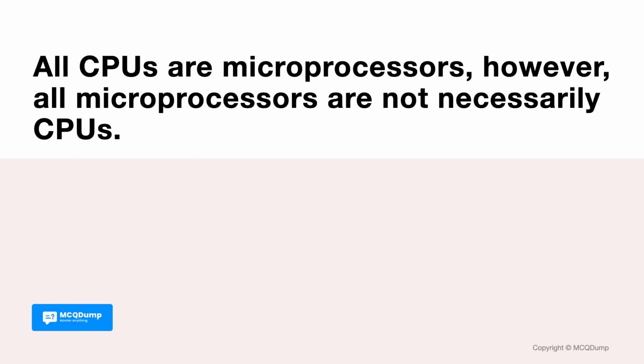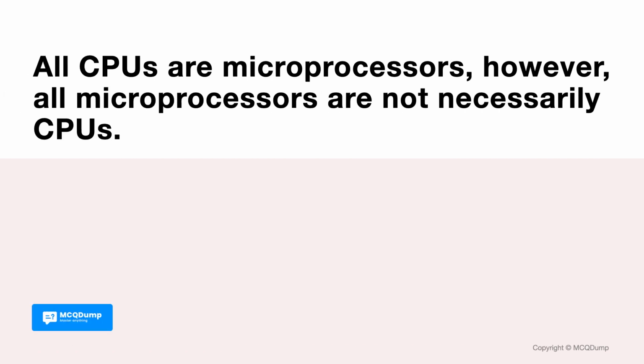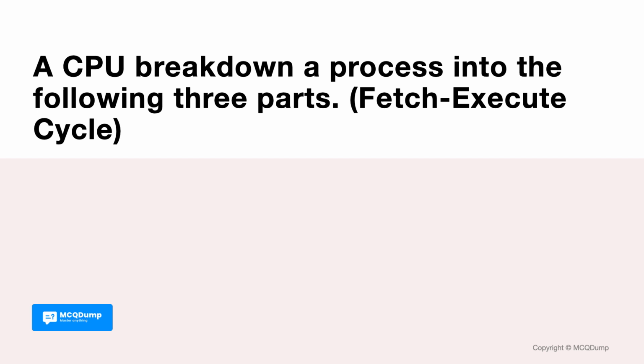All CPUs are microprocessors, however, all microprocessors are not necessarily CPUs. True or false? It is true. All CPUs are microprocessors, however, all microprocessors are not necessarily CPUs. A CPU breaks down a process into the following 3 parts.